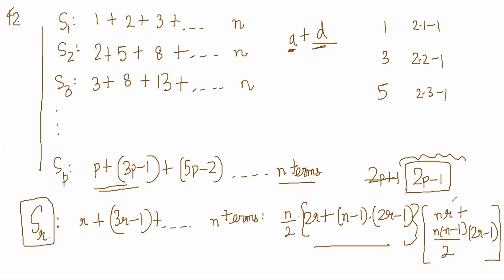So just copy this down, this value, S of r. What we will do is sum S of r from 1 to p.